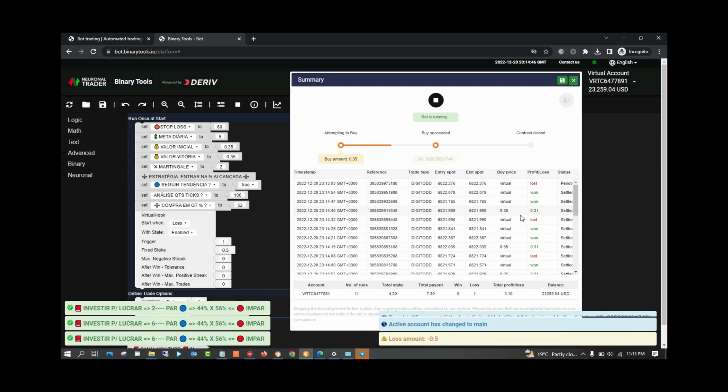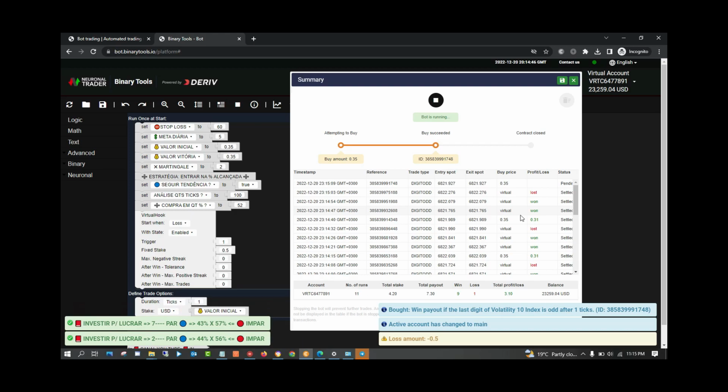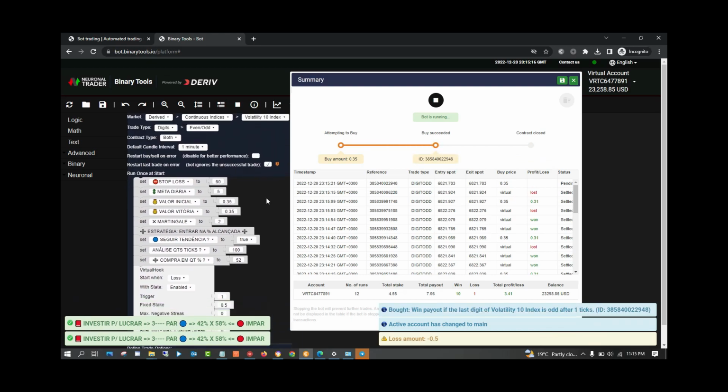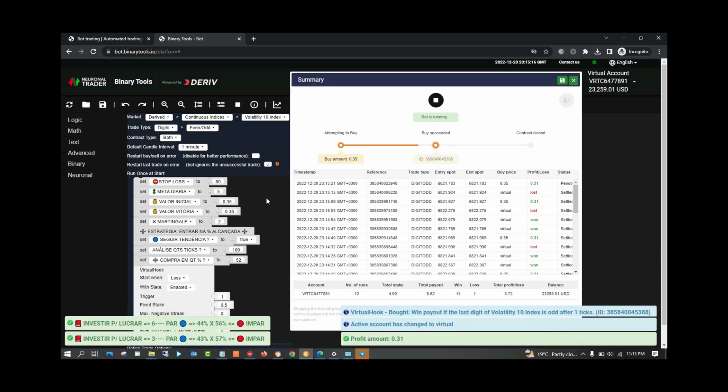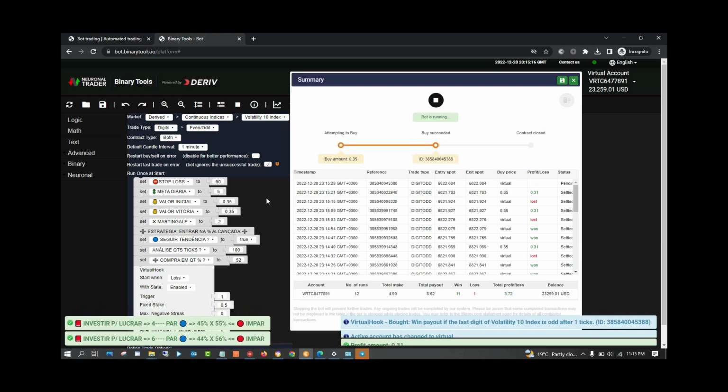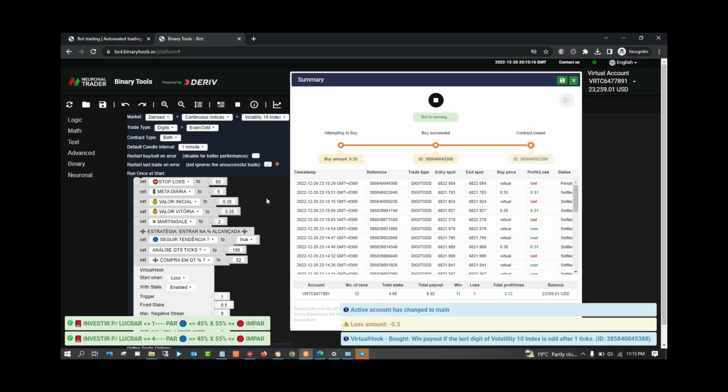And what you should also understand with this bot, as of now, you can see that we only have odd numbers, right? The odd numbers are more than the even numbers. So this bot will only trade on even if the even numbers appear more, and on odd if the odd numbers appear more.